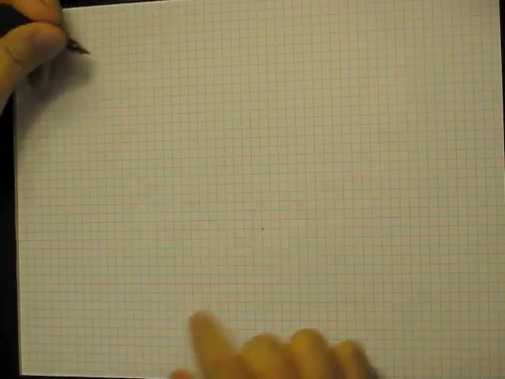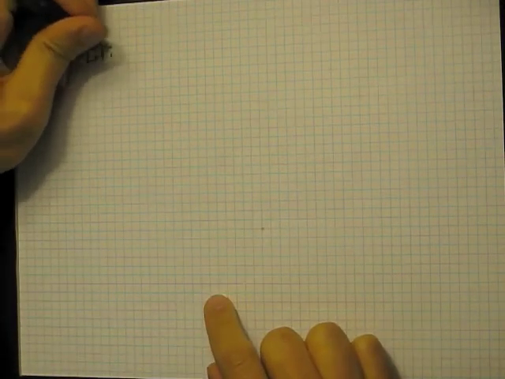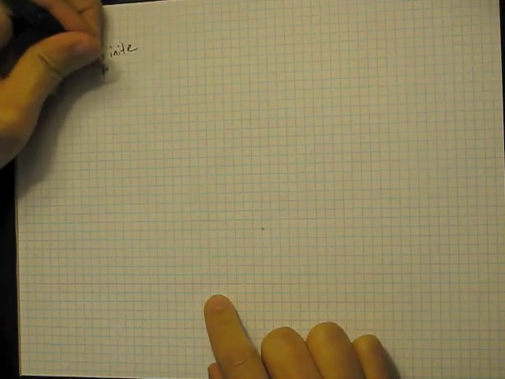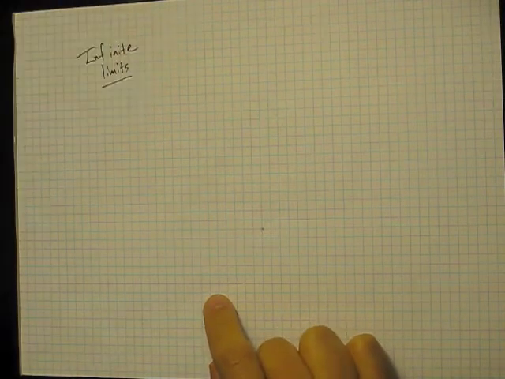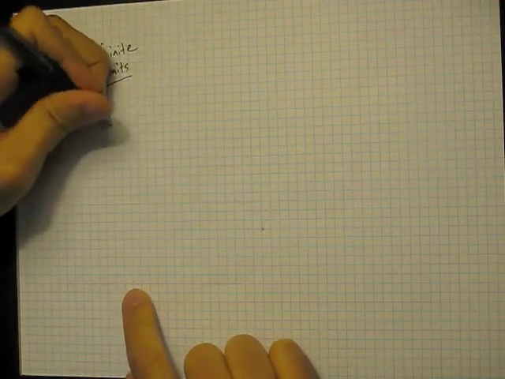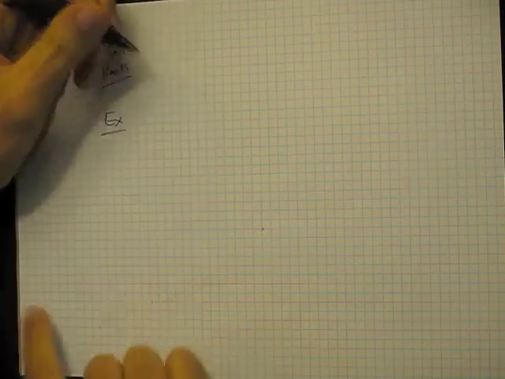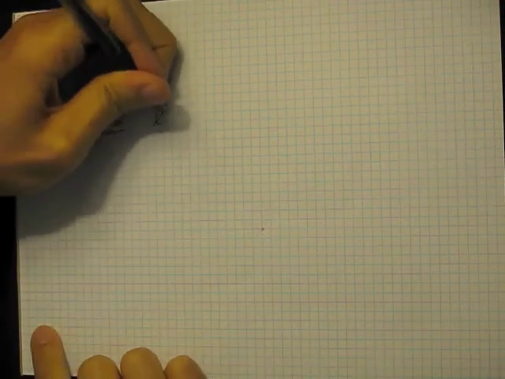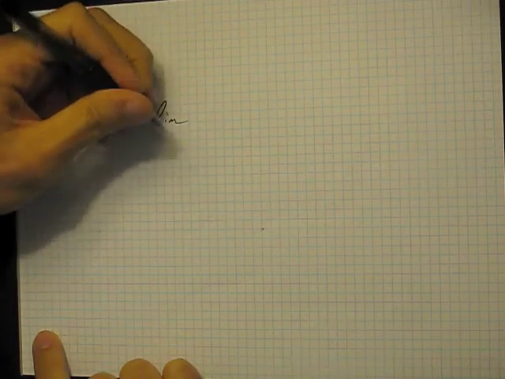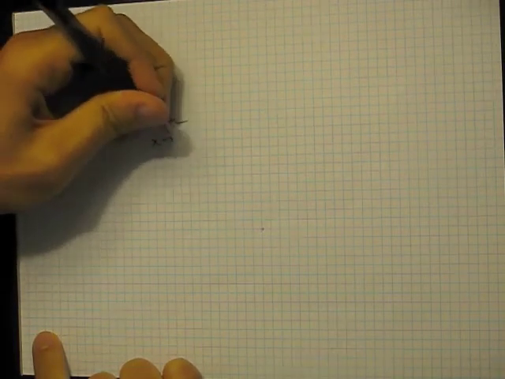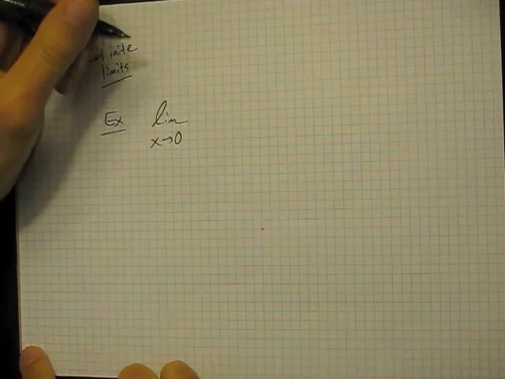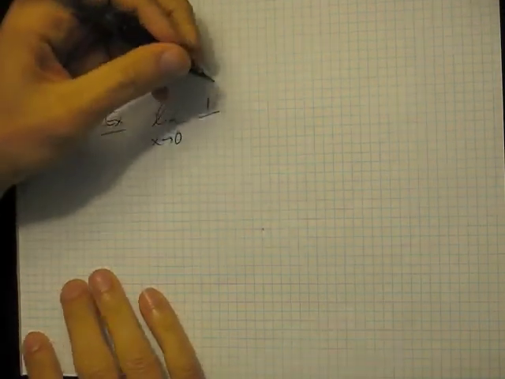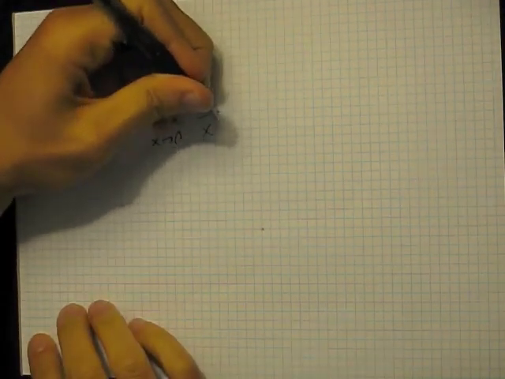Okay. One other kind of limit we might consider, infinite limits. So here's an example. How about the limit as x goes to 0 of the function 1 over x squared.